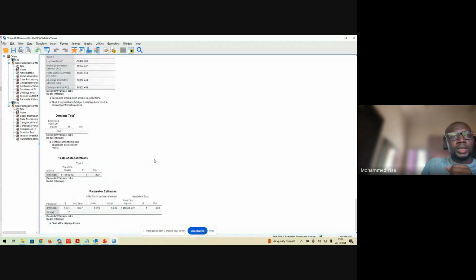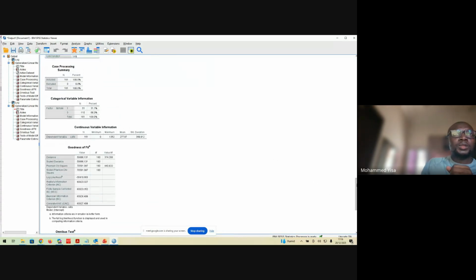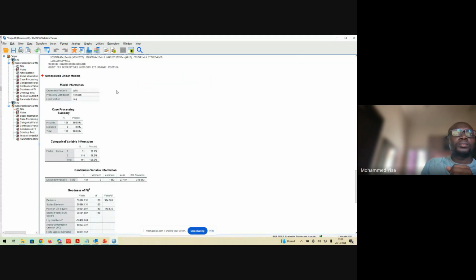So we go here and then we come to the output. The output starts from the model information. It tells you that the dependent variable is the number of calls, the number of call duties taken by the residents, and it is done using a Poisson regression, and this is linked through a log function.